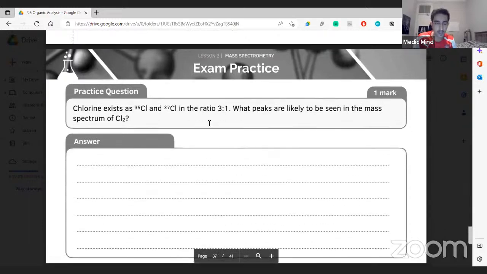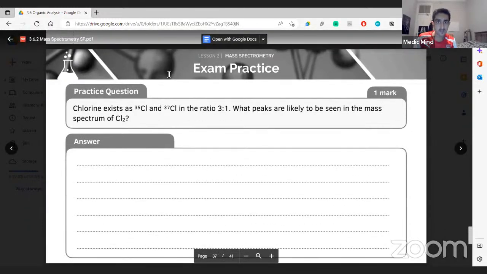So let's think about this. Chlorine exists as Cl35 and Cl37 in the ratio 3:1. So what kind of peaks do you expect to see?